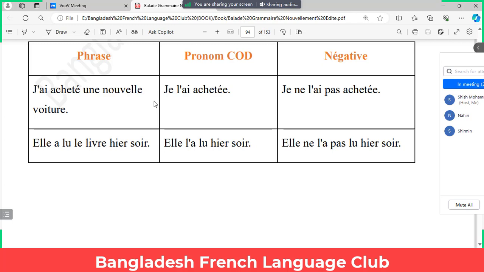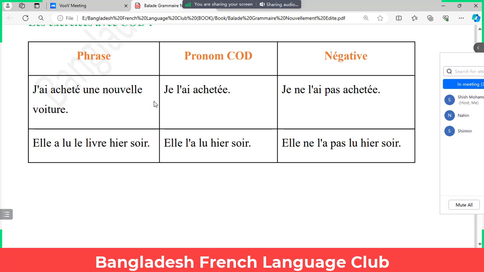And how do you understand that this le, la, les is not used in a sentence as an article, but as a COD? It's a very easy way: when you see that these articles, le, la, les, are used before the verb, because we know that articles are not used before the verb. Articles are used before a noun.